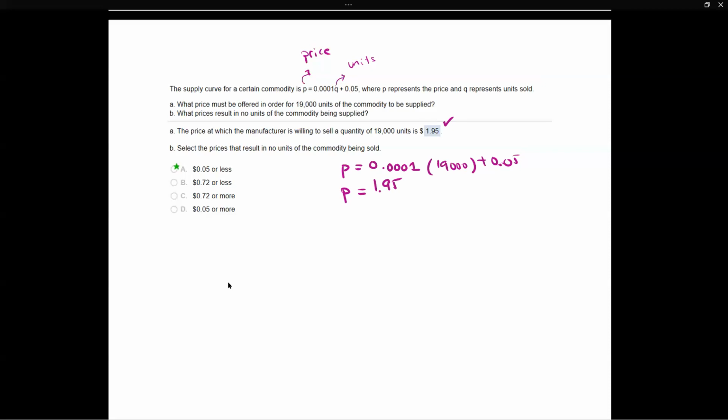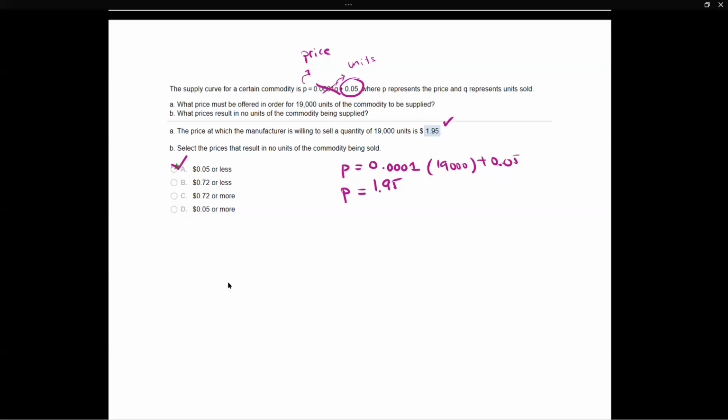Select the prices that result in no units of the commodity being sold. No units being sold. What does that mean, right? It means Q is 0, right? So we go back to this. If Q is 0, then 0.05 or less. It can't be any higher, because to get a number that is higher than 0.05, you need some value there added, right?